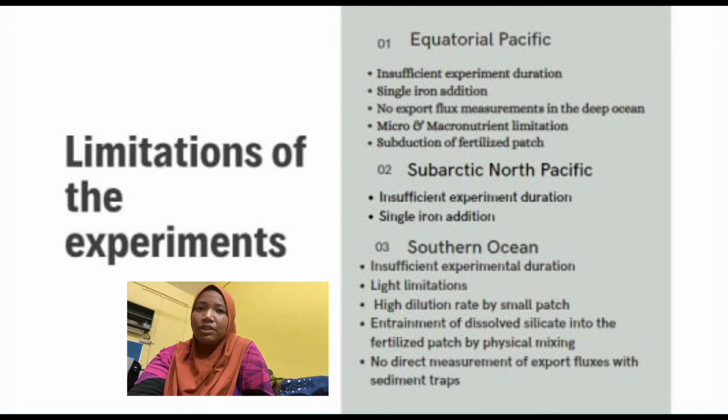And for the Southern Ocean, there are insufficient experimental duration, light limitation, high dilution rate by small patch, entrainment of dissolved silicate into the fertilized patch by physical mixing, and also no direct measurement of export flux with sediment traps.